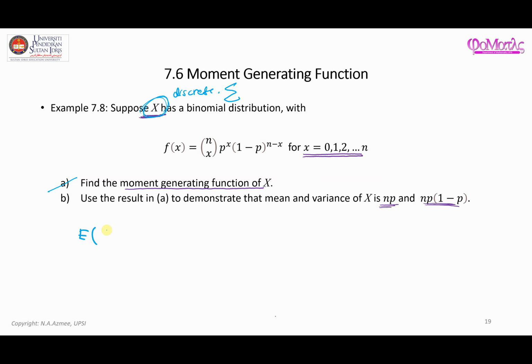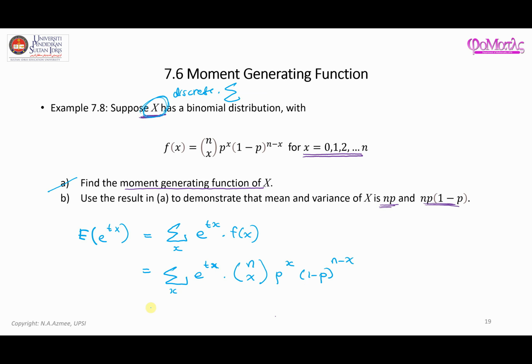You are going to find the expected value of e to the tX, which is summing up e to the tX times f(x), with respect to x. We are just going to substitute our probability distribution, which is n choose x, p to the x, (1 minus p) to the n minus x.